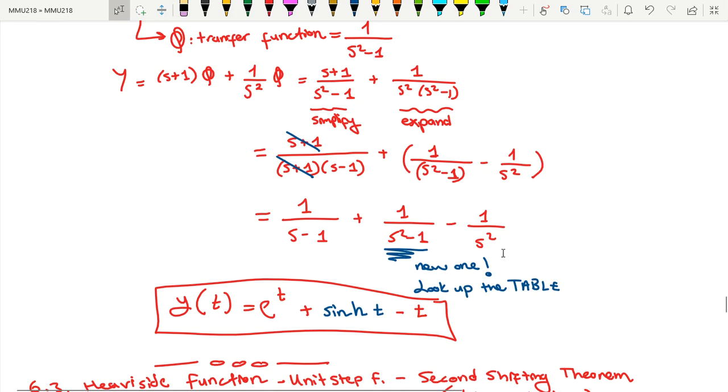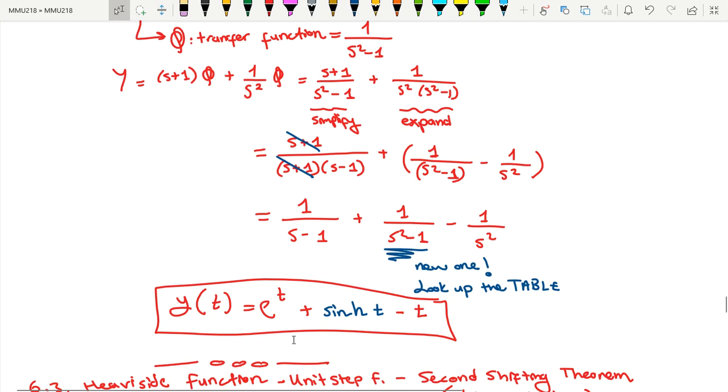If you take the inverse Laplace of the right-hand side, that will be exactly y of t, which is exponential t, right? This is a shifting by 1, e to the 1 times t, plus sinh t, right? That you need to look up in the table. That's the new thing. And minus t. Yes, I know, because inverse Laplace of 1 over s squared is going to be t, with the minus sign.